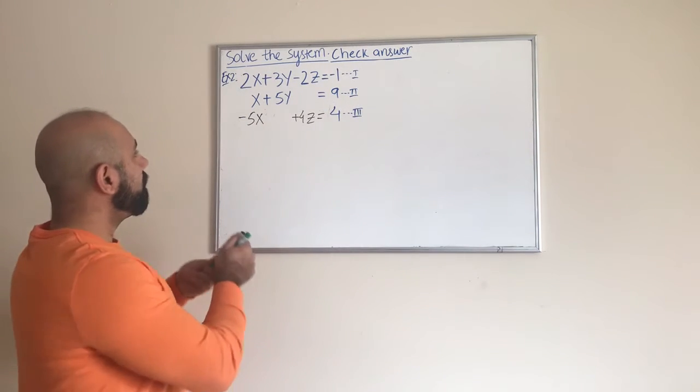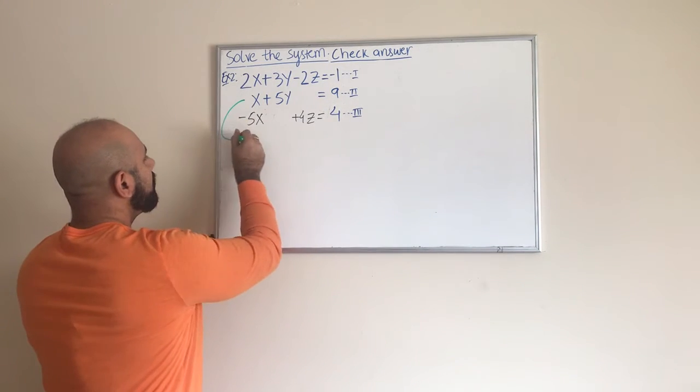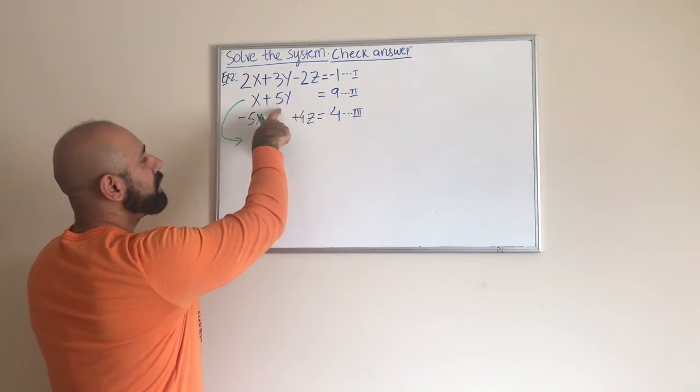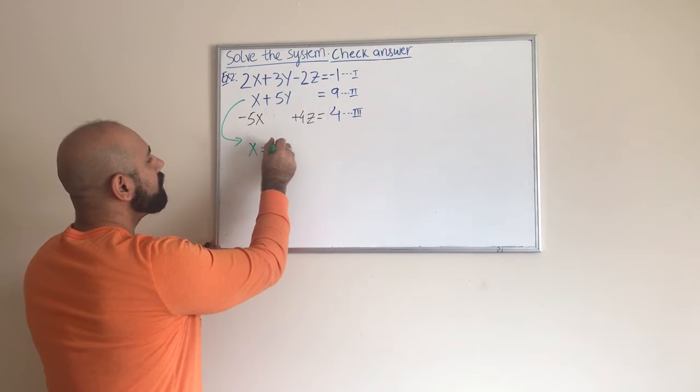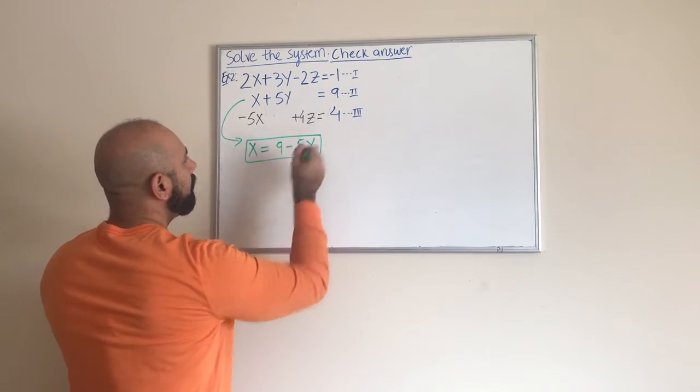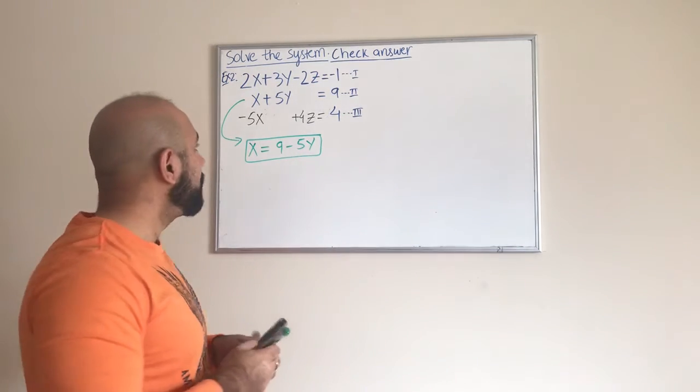So from equation 2, let us solve for x. Solving for x simply means that we subtract 5y from both sides. So x equals 9 minus 5y, right? We just subtracted 5y from both sides.